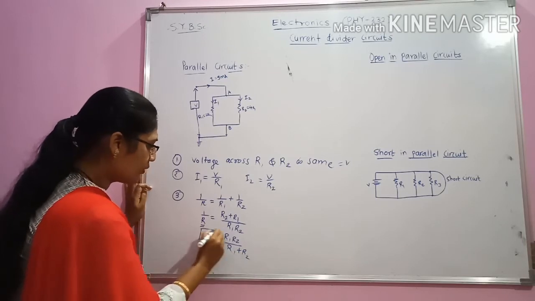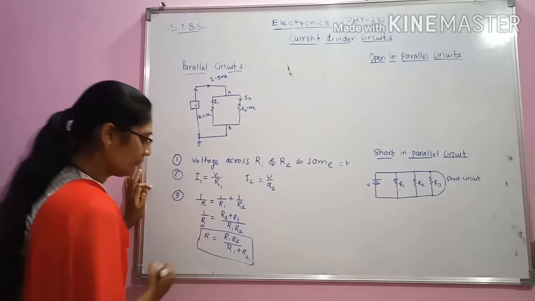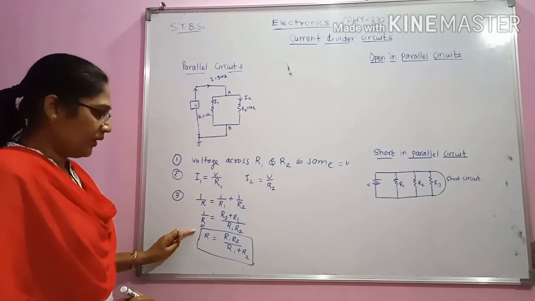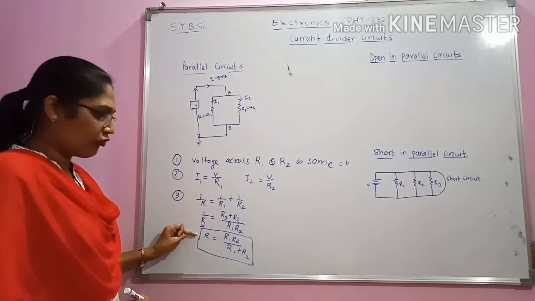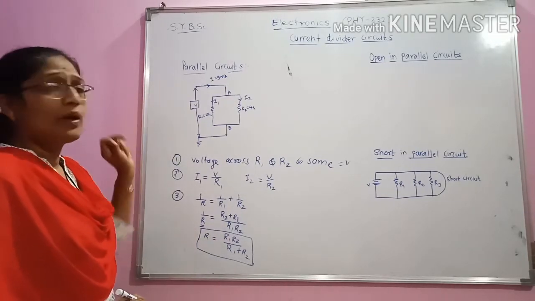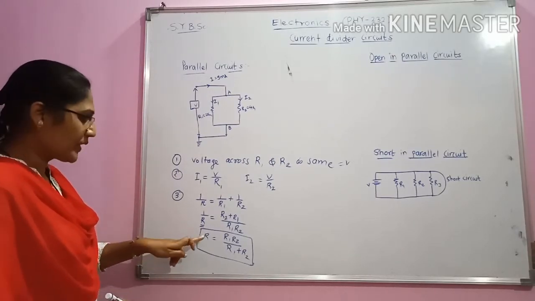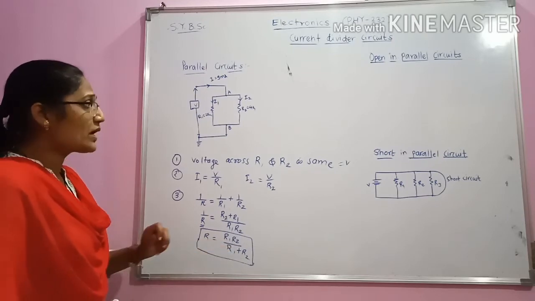This will be the equivalent resistance. In a parallel circuit, we will require this value many times in order to calculate the equivalent resistance while solving problems based on it. So R is equal to R1 R2 divided by R1 plus R2.